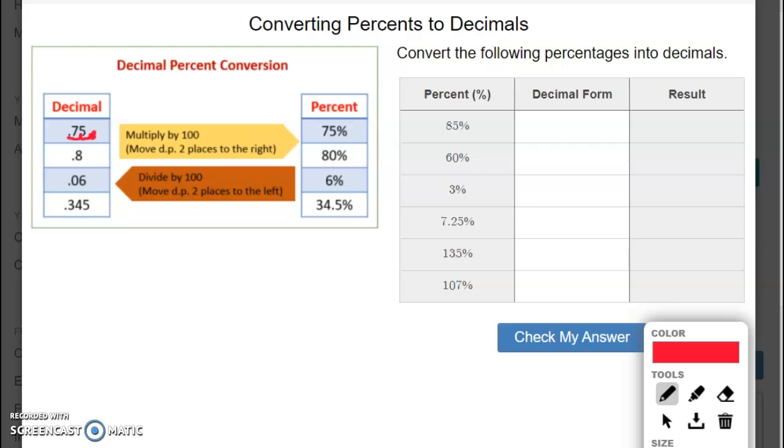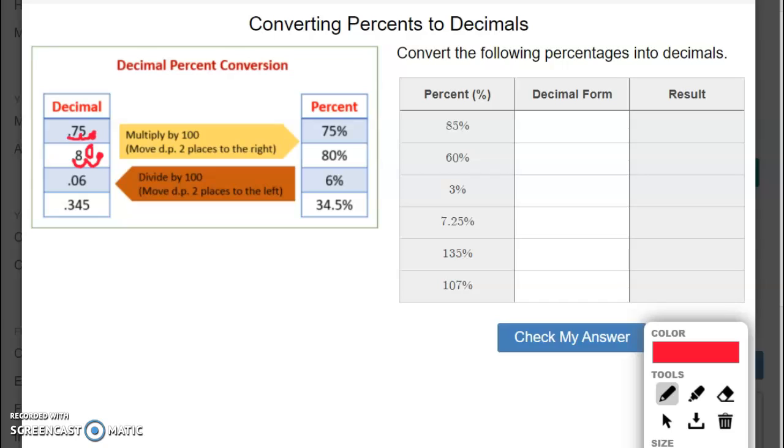To go from 0.8 decimal to percentage, you're going to move that 2 places to the right. There is no number there, so this is my new decimal place. If there is no number, you do fill it in with a 0, so that's 80%.